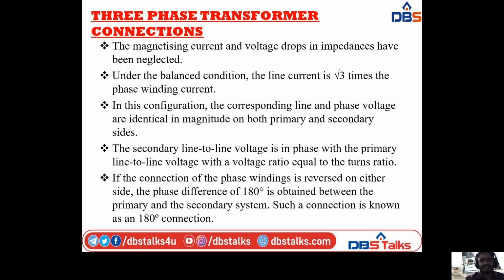Here the magnetizing current and voltage drops in impedances have been neglected in the delta connection. Under the balanced condition, the line current, that is IL, is √3 times the phase winding current, that is I phase, in the delta connection.